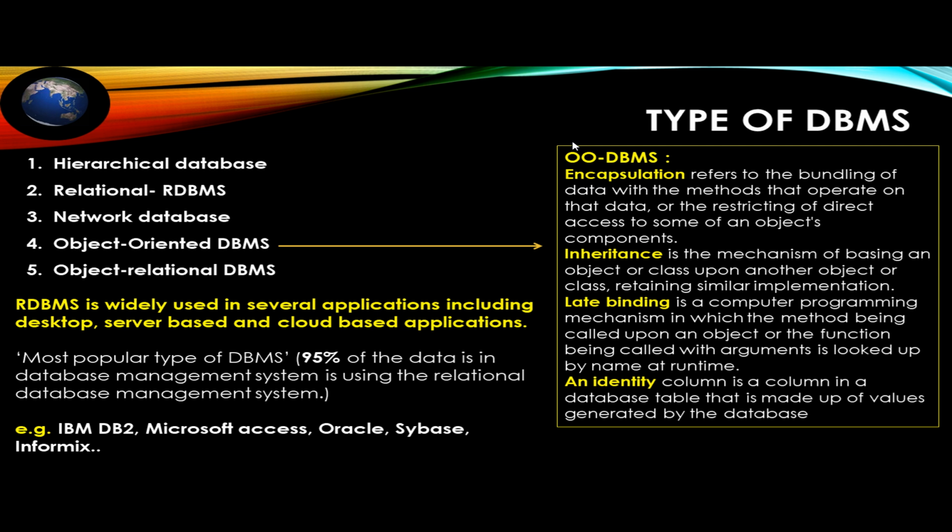That's why relational database management system is widely used in several applications, including desktop, server based, and cloud based applications, where we keep our information online and take care of all the things through relational database. Means we are correlating with the cloud based system, server based system, or desktop based system.